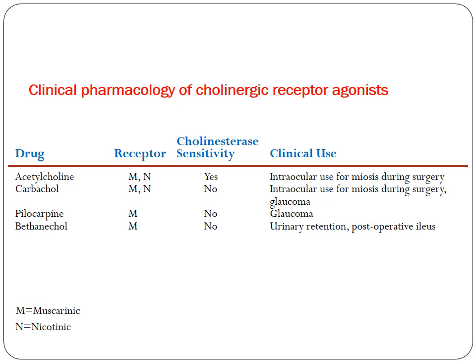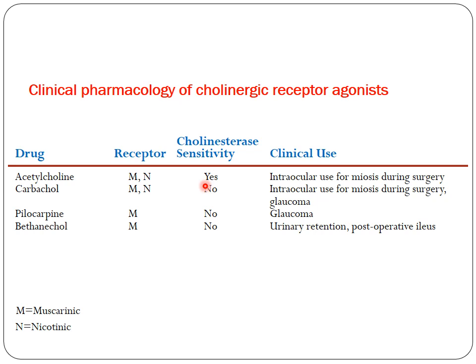We will start with the direct acting. In the direct acting, we have acetylcholine, carbachol, pilocarpine, and bethanechol. Acetylcholine is the prototype of cholinergic agonist. It is the neurotransmitter of the parasympathetic nervous system. It is non-selective. We mean by that it is going to stimulate both muscarinic and nicotinic receptors everywhere, and it is sensitive to choline esterase enzyme.